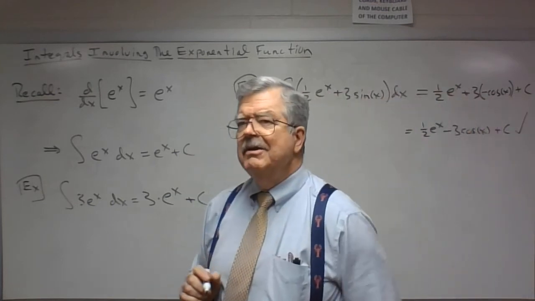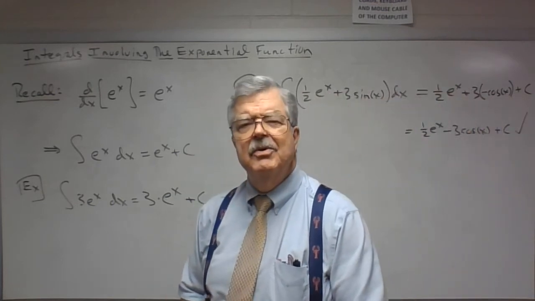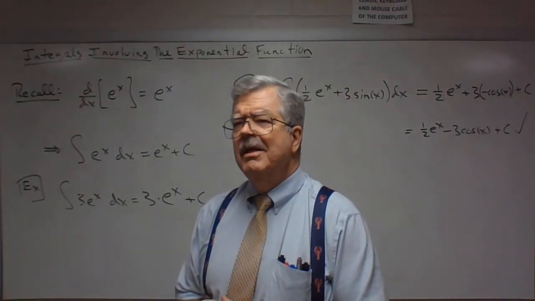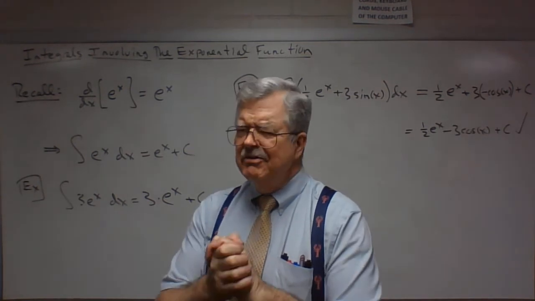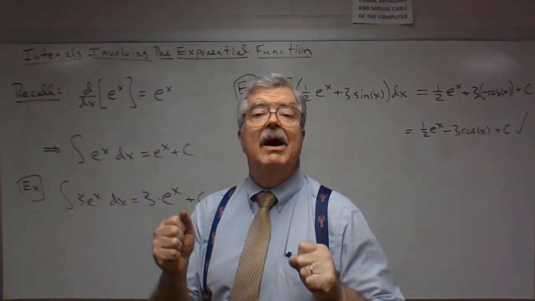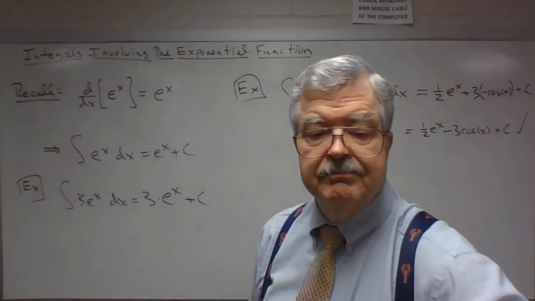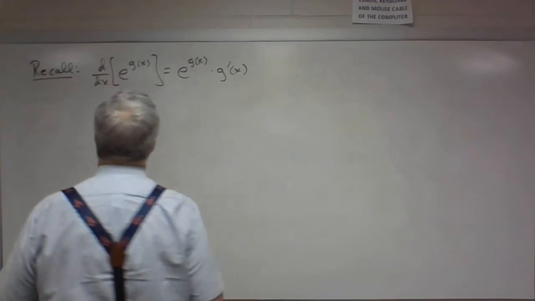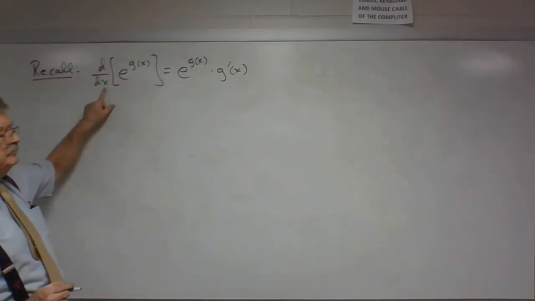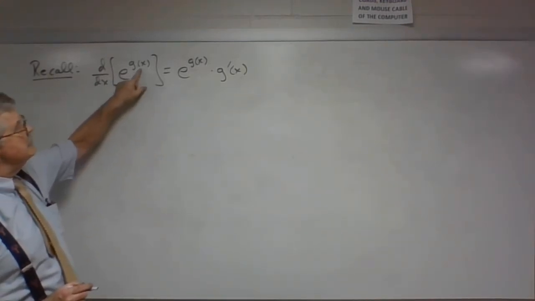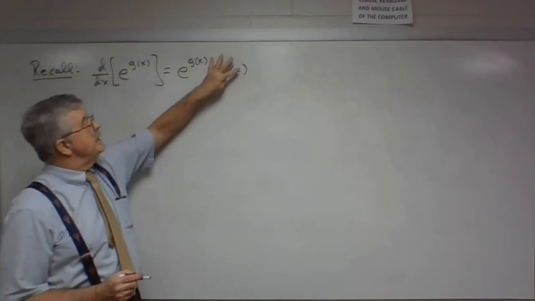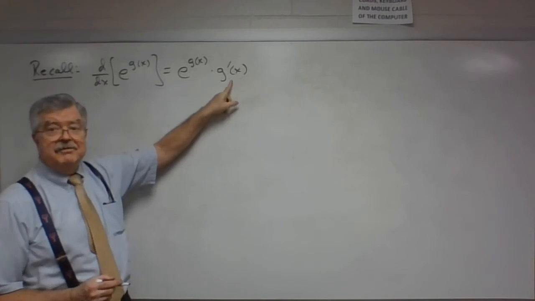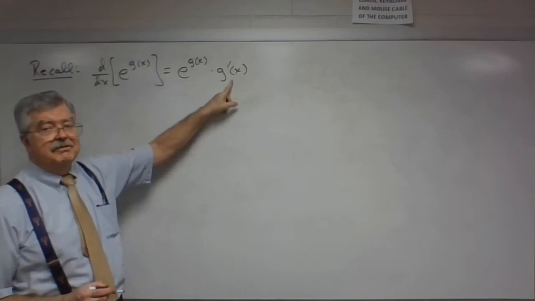Now let's take into consideration the chain rule and u-substitution and what we have to do when we have the integral involving not just e to the x, but e to the power of some function. Remember, the derivative of e to the power of g of x is e to the power of g of x times the derivative of the exponent g of x.